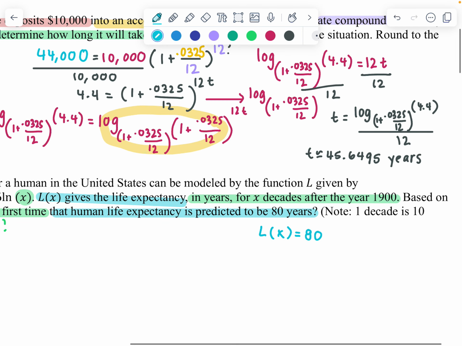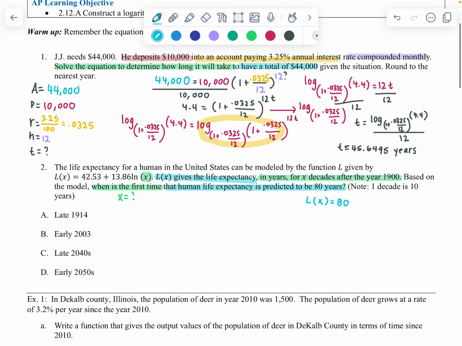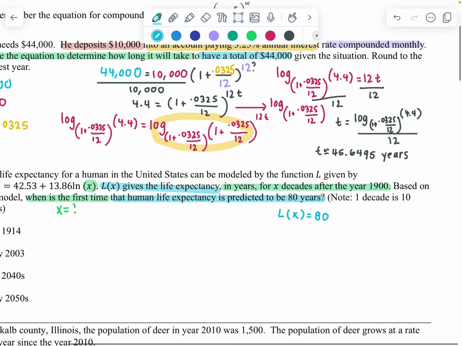Our x is decades after 1900. So here we have an equation for L of x, and we want to know when our y is 80. So we can set our equation equal to 80.